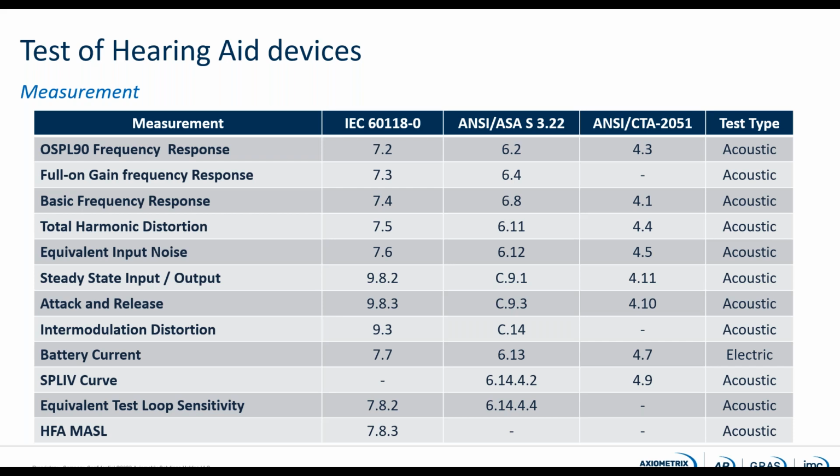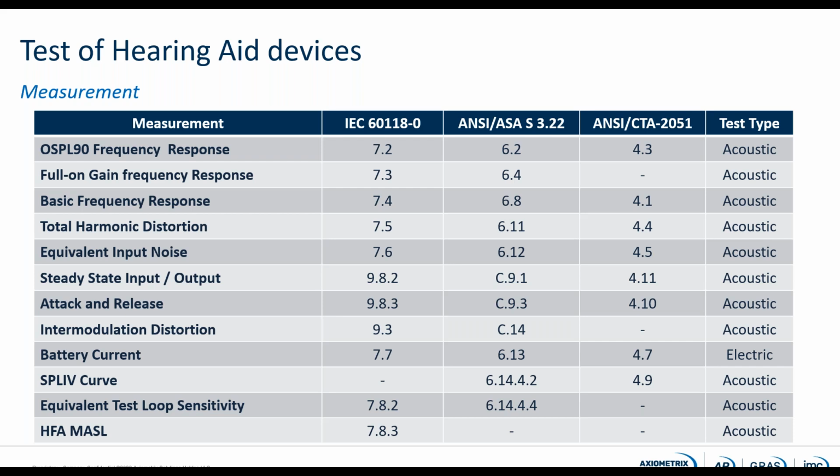So in these standards, it is described that we have to do a frequency response, total harmonic distortion measurements, and measure noise, input. We have to do all these tests mentioned here. On this page, we can see the different chapters in the different standards where these tests are described.